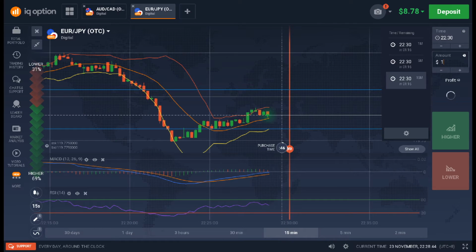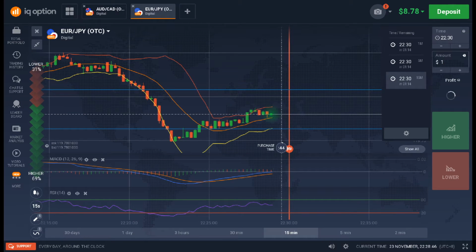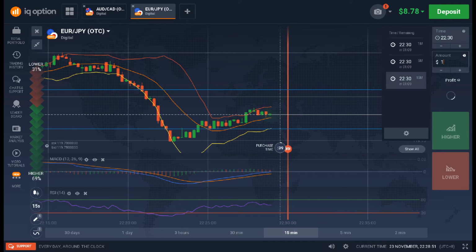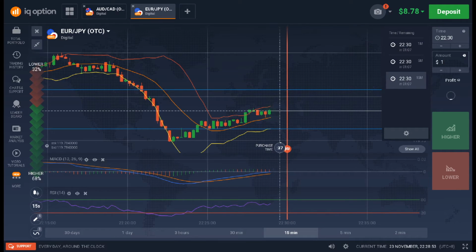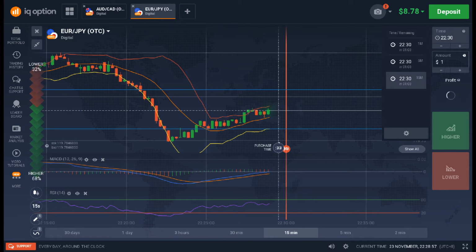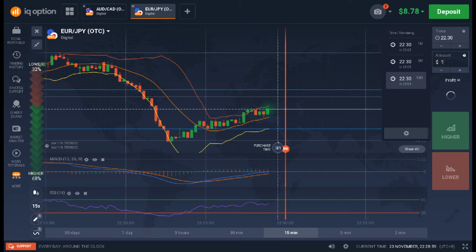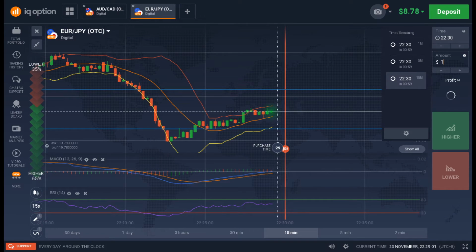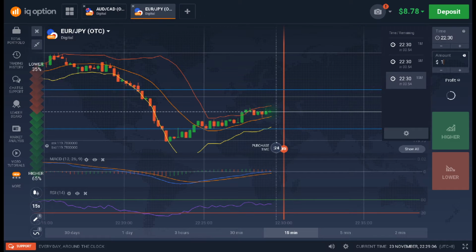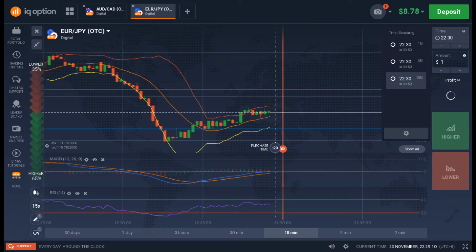So for example, you bet $1 for the price to go up, and then it goes down, then you lose that $1. But the good side is, let's say you put in $10. That's the amount you're willing to risk.